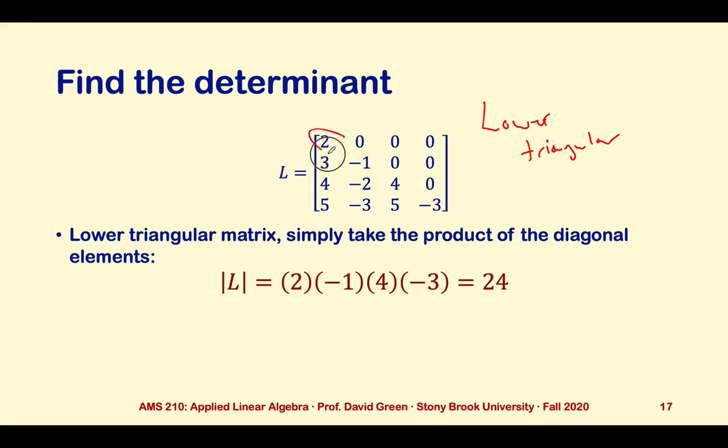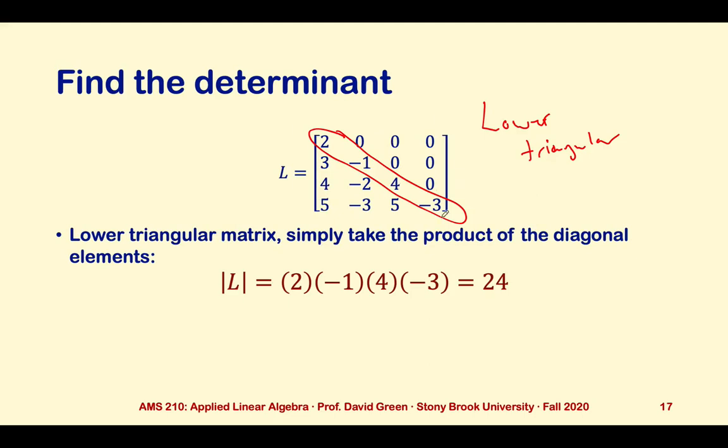We have diagonal elements, and everything above the diagonal are all zeros. Triangular matrices, whether lower triangular or upper triangular, as well as diagonal matrices, which are special forms of both of these, have a determinant that is given simply by the product of the diagonal elements.